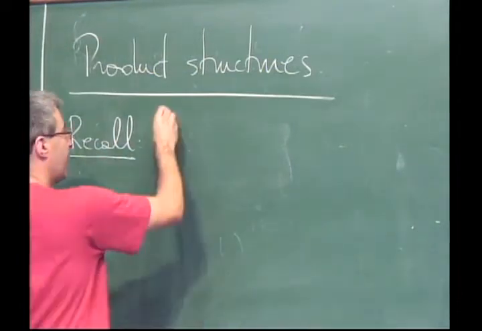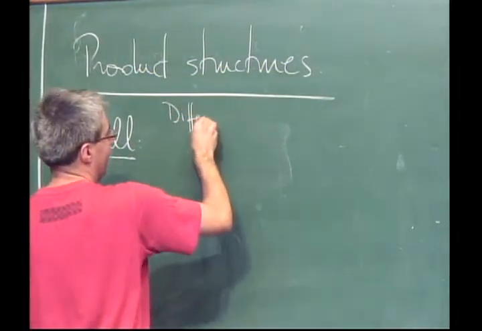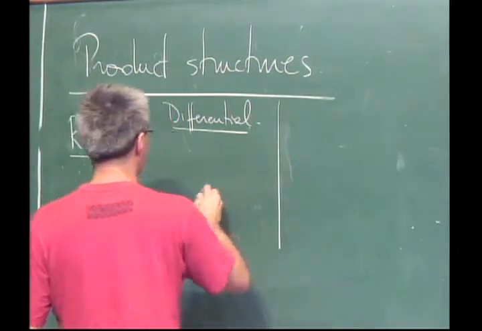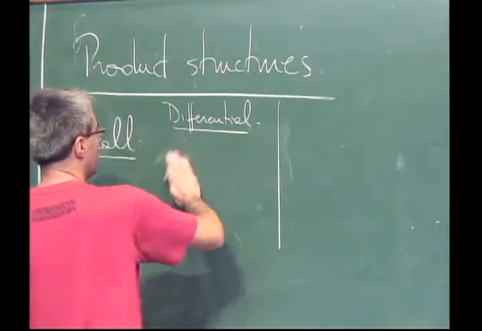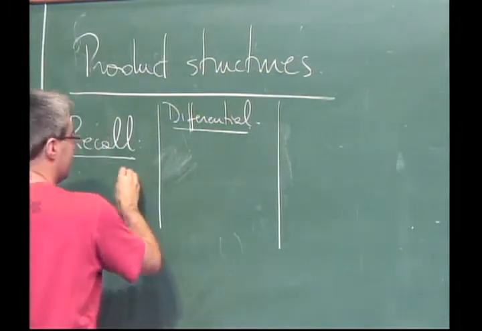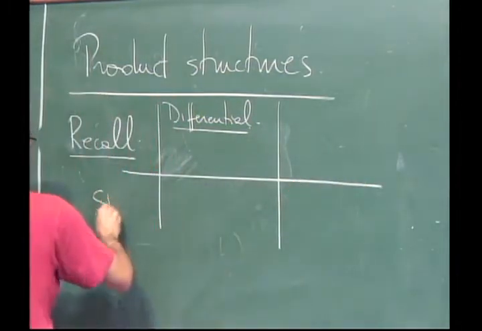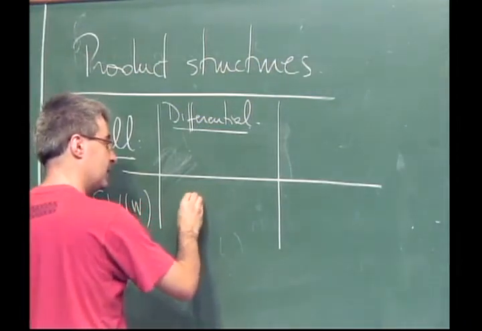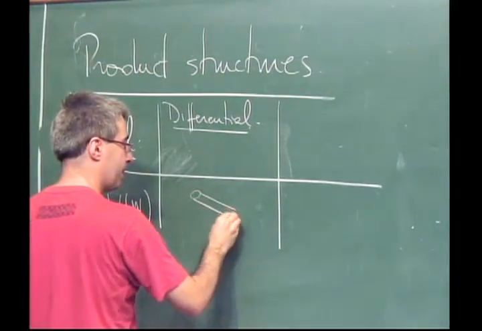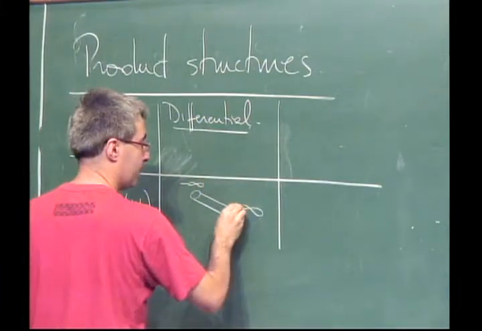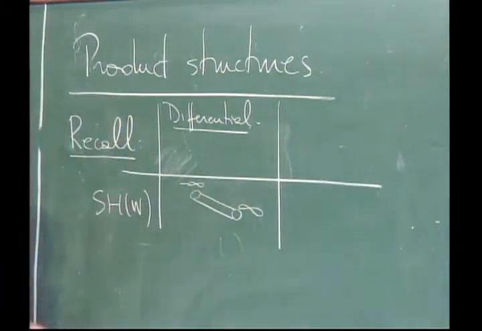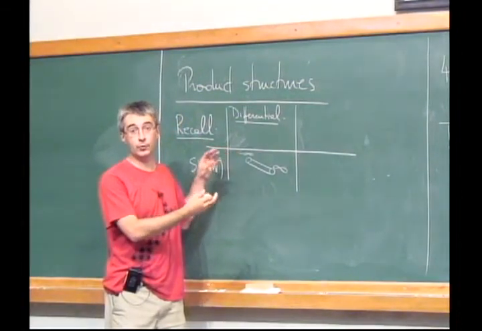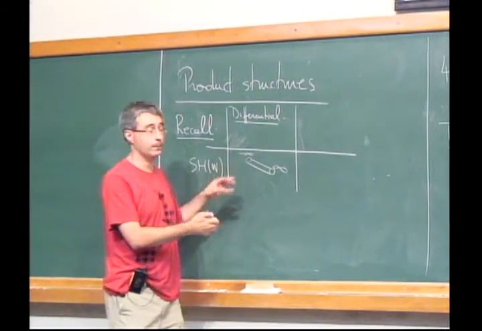that the differential for symplectic homology is defined using cylinders. You look at Floer cylinders which connect one periodic orbit to another.